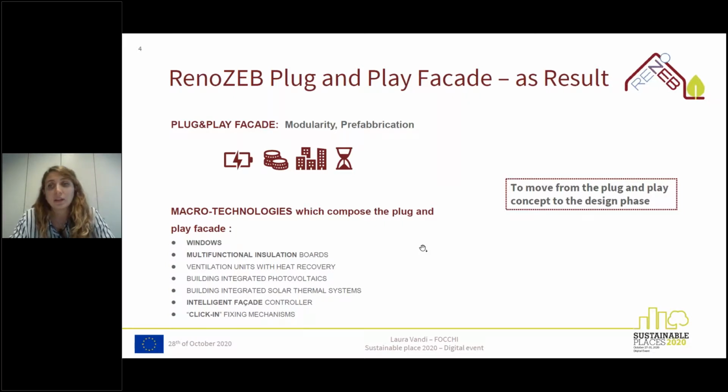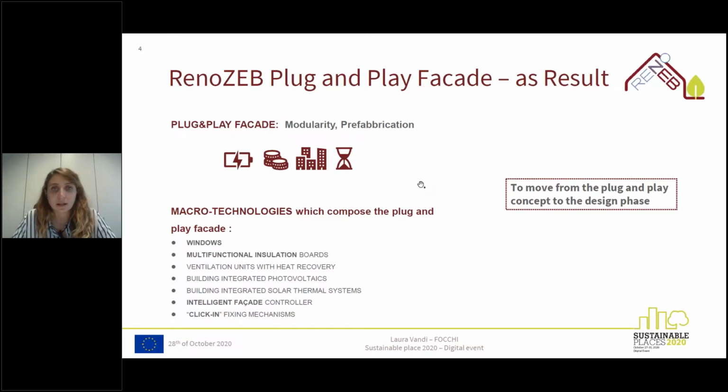The plug-and-play facade is useful because it allows reducing the cost and the time of the intervention, and it answers the renoZEB project expectation. The important theme that I'm going to show for this methodology is to move from the plug-and-play facade concept to the design phase of the plug-and-play.